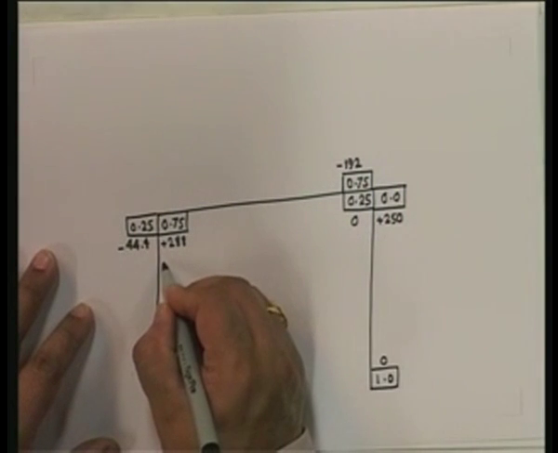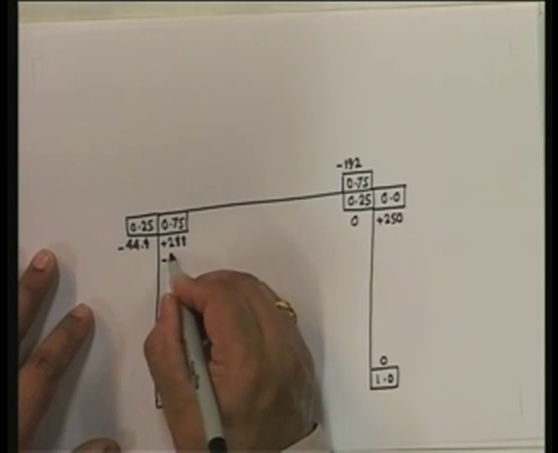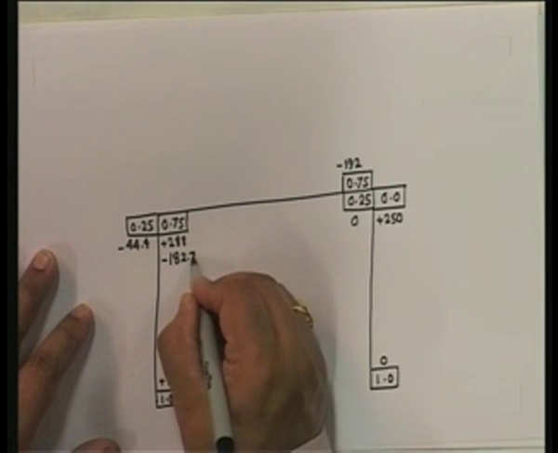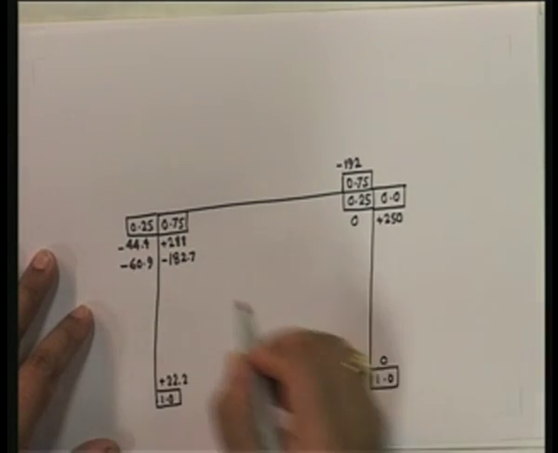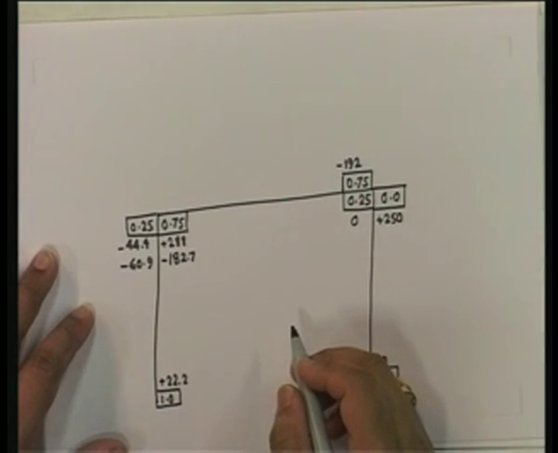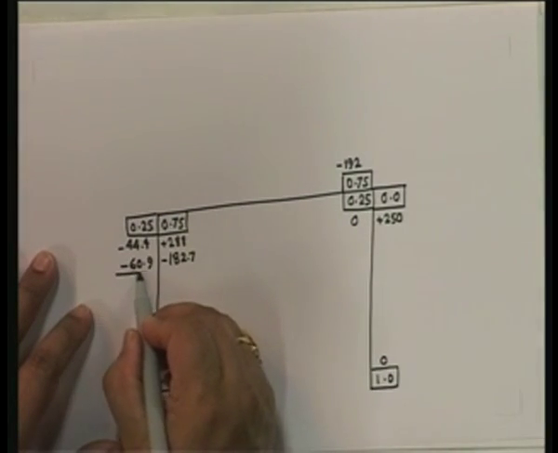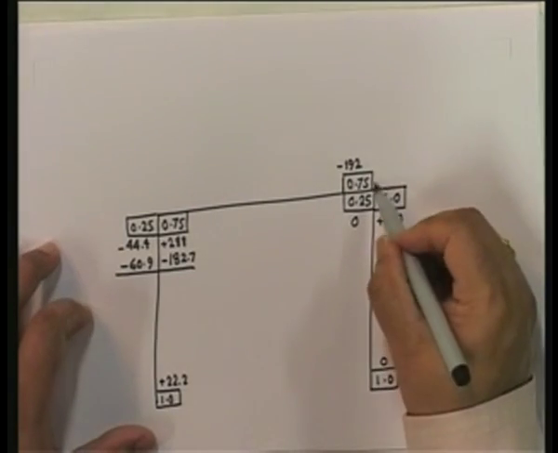So we have to do a negative 243.6 and distribute it. So that's going to become equal to 182.7, and this is going to be minus 60.9. Okay, so this distribution is over. So done here.